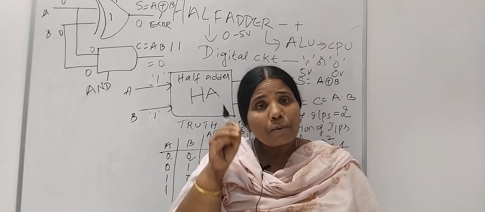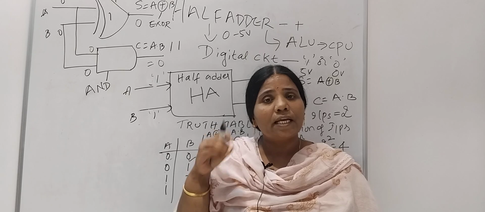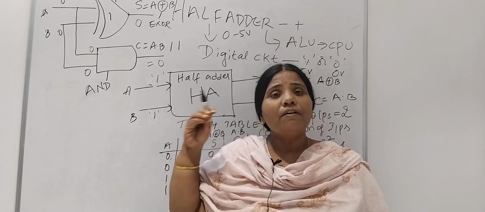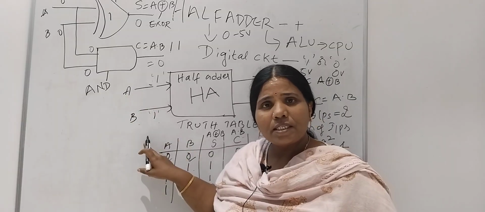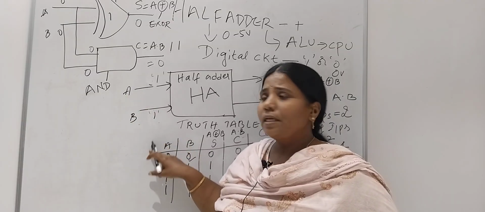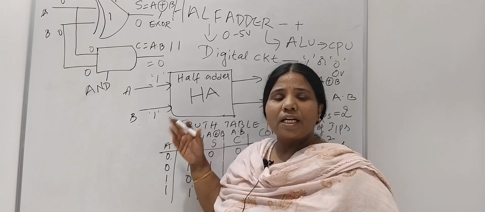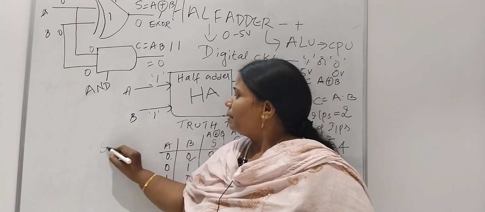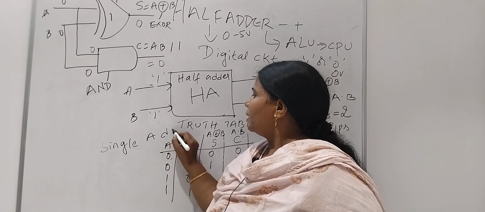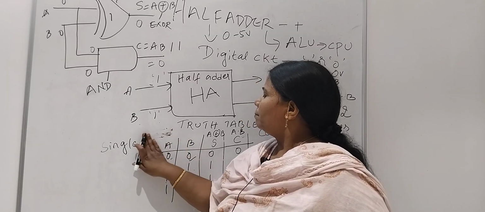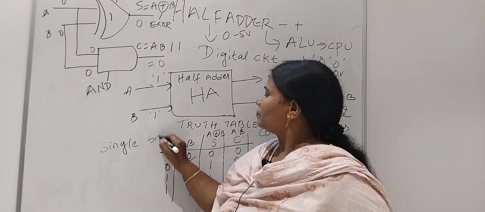So depending upon how many bits it is taking for the input, the adder will be called correspondingly. So here how many inputs are taken? 2. 2 means single bit it is taking. That's why it is called a single bit adder.